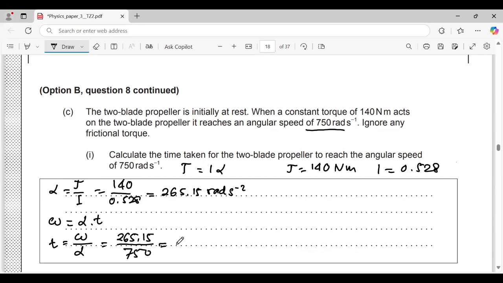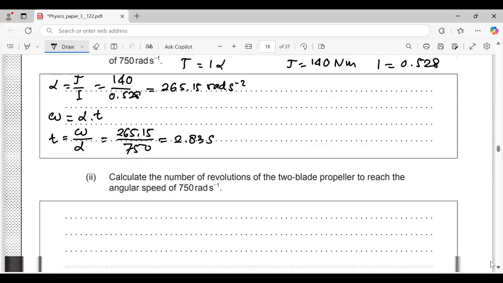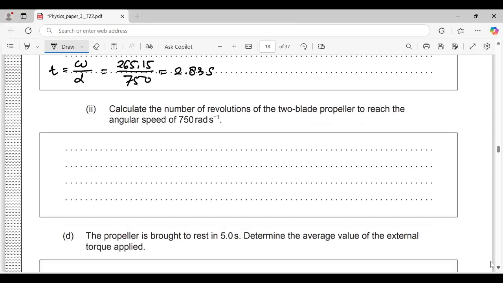If we calculate, it is 2.83 seconds. So it needs 2.83 seconds.